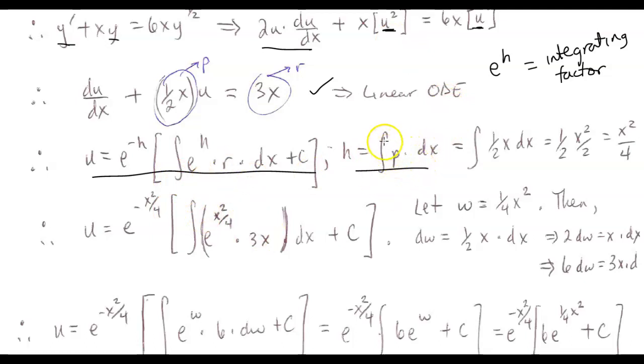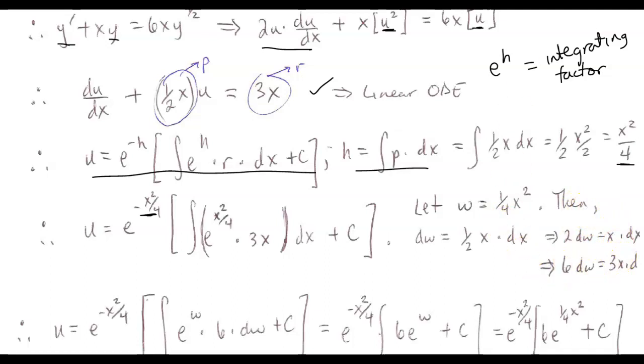So from here, we let p be 1/2 x, take the antiderivative of that, which ends up being x squared divided by 4. So we substitute that in here, e raised to the negative h, e raised to the positive h, and we see for our integral that the integrand is one where we can actually use the substitution rule to find the integral.